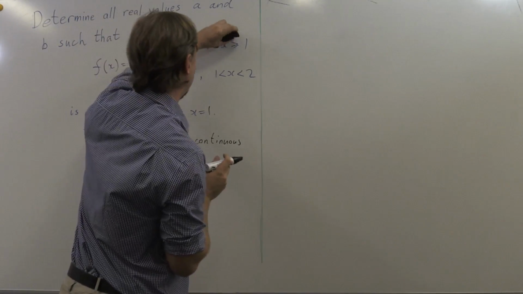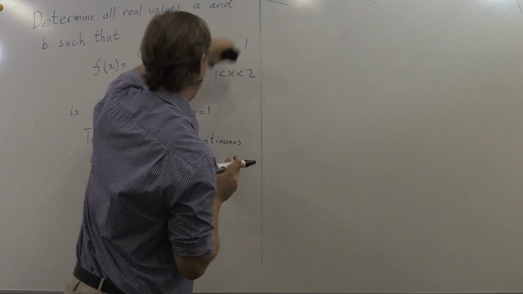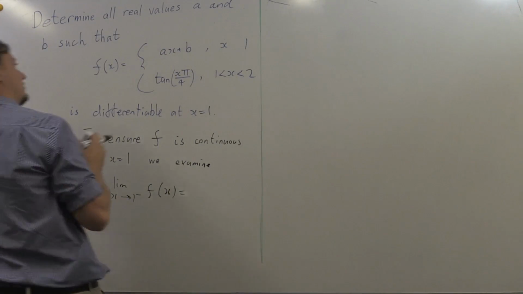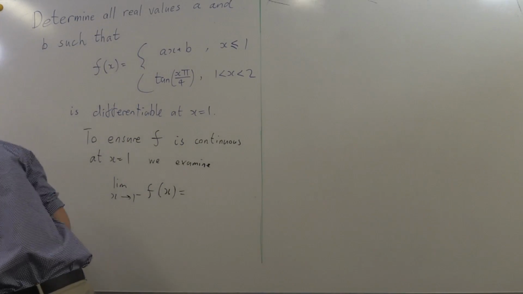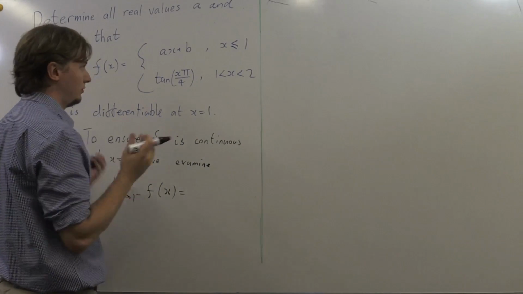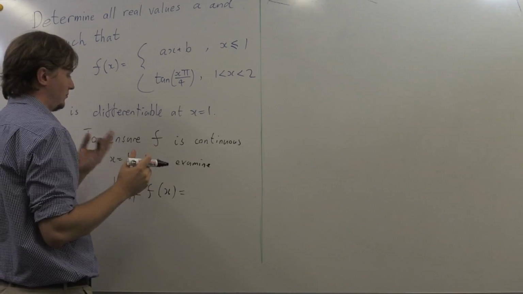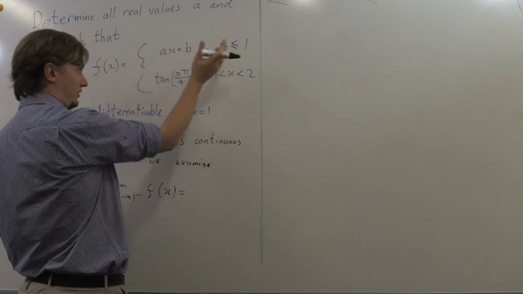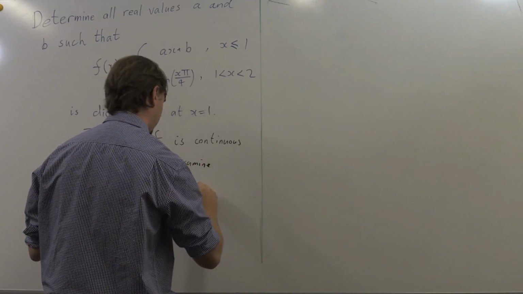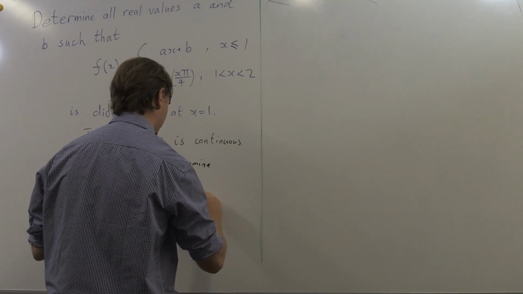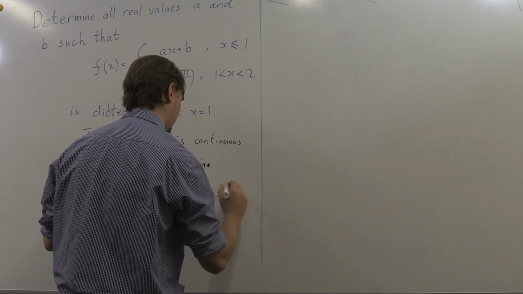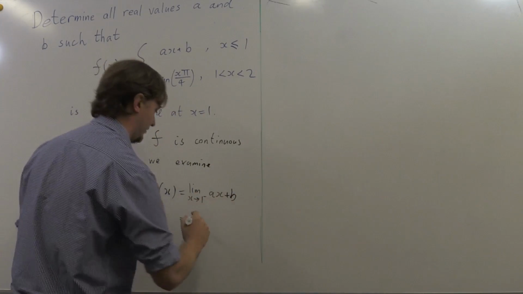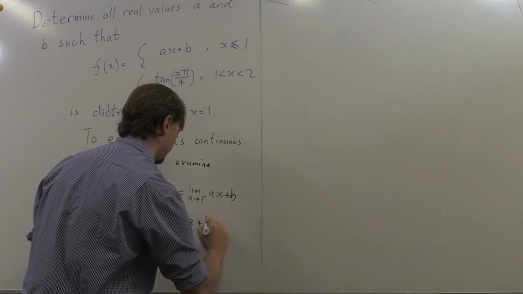Wait, this is incorrect. The question actually says x less than or equal to 1. So if we look at the limit as x approaches from the left, to the left of 1 it looks like ax plus b, so this is the limit as x approaches 1 from the left of ax plus b. And that's an easy limit to compute, it's a plus b.